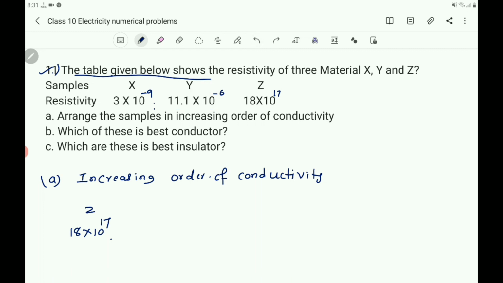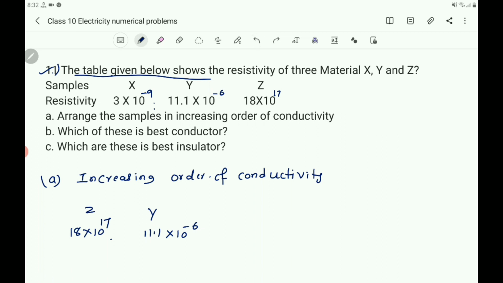So second you can write Y, 11.1 into 10 power minus 6, because this is greater than the other one, as this is minus 9 power. So the resistivity of Y is more than the resistivity of X. So Y is having less conductivity.